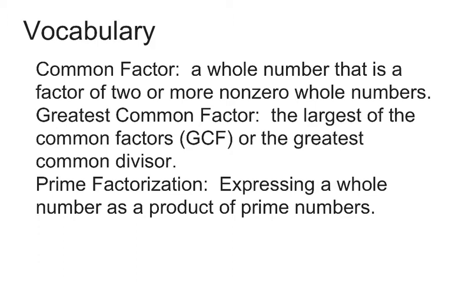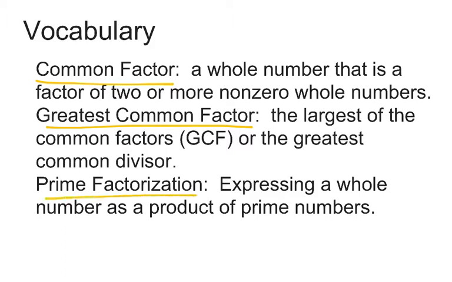First, I want us to review some very important key vocabulary. So we remember that a common factor is a whole number that is a factor of two or more non-zero whole numbers. The greatest common factor is basically the largest of those common factors, or it's also known as the greatest common divisor.